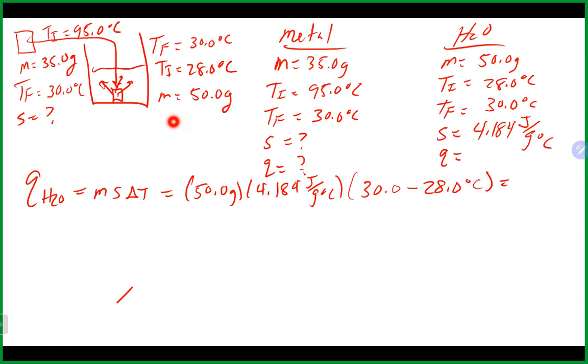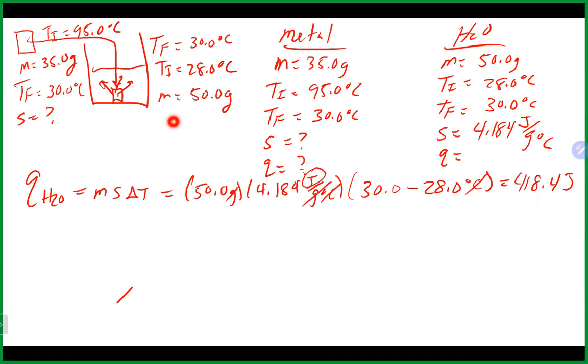And that will give us here with my made up numbers, let's see how we did, 4.184 times 30 minus 28. Gets us about, looks like 418.4 joules. Celsius will cancel, grams will cancel, leaves joules.